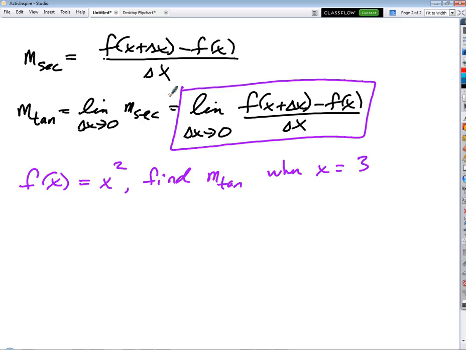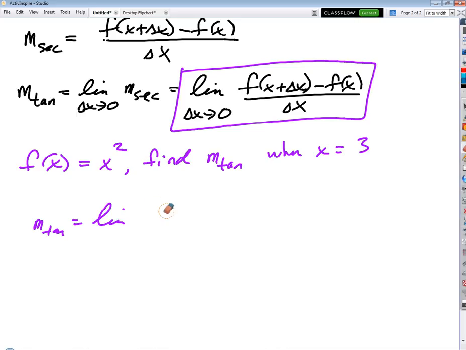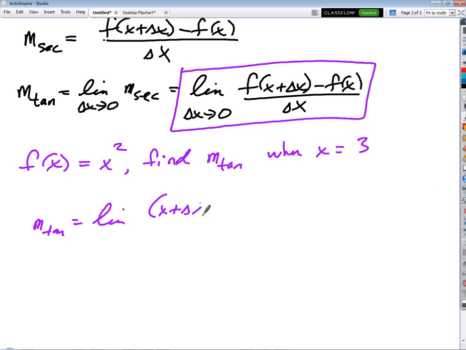So if we want to apply this, then the slope of the tangent line is just going to be the limit of, what's f of x plus delta x gonna be again? X squared. So it's gonna be the quantity x plus delta x squared, right? That's what that is, right?